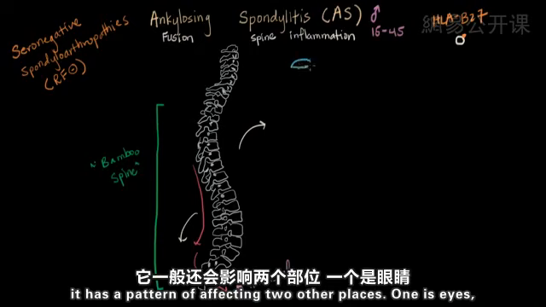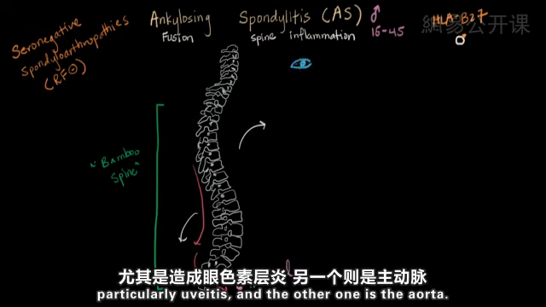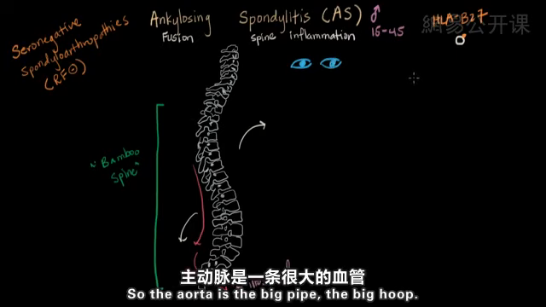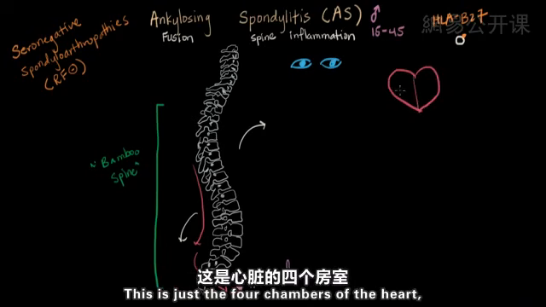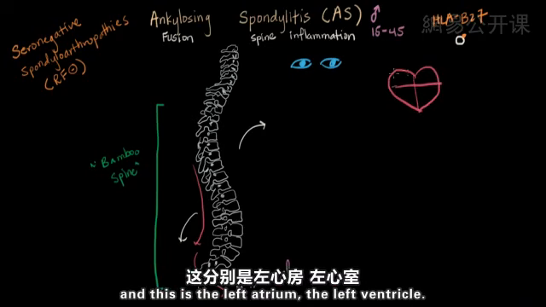One is eyes, particularly uveitis. And the other one is the aorta. So the aorta is the big pipe, the big hoop. If this is the four chambers of the heart, and if this is the left atrium, the left ventricle.